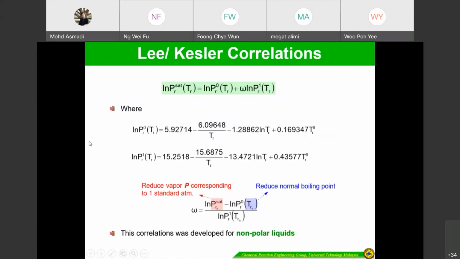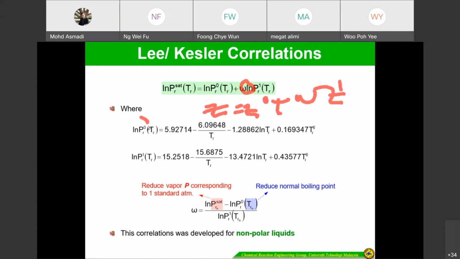For non-polar liquids, if you want to calculate the saturated pressure, you can use the Lee-Kesler correlation also. This is the equation. It is almost similar to Z equals Z naught plus omega Z prime.